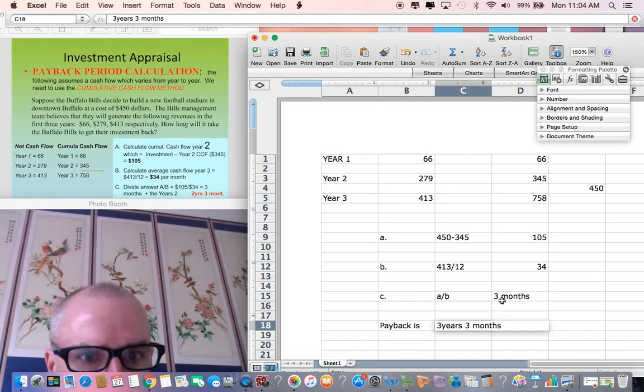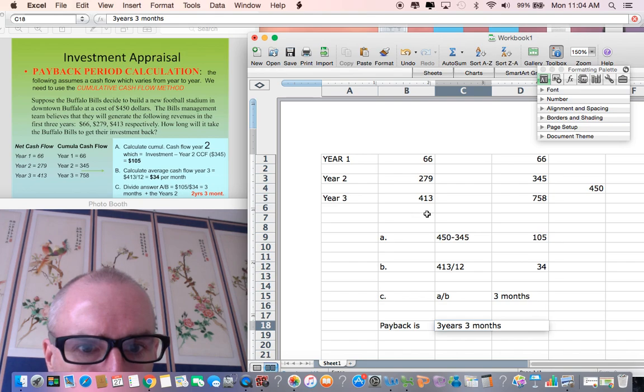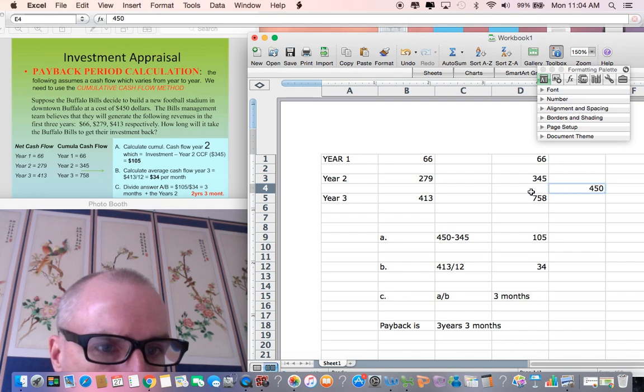Okay? Sorry it's so long. So real quick, going through this once again. Take your cumulative cash flow. Once you've got your numbers laid out for the year, take your initial investment. Where does it fall? It doesn't fall every time at year 2. So I put that number in between where it goes.